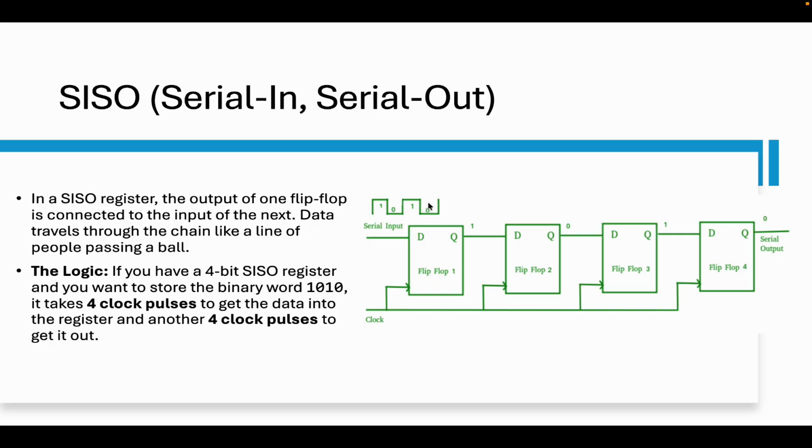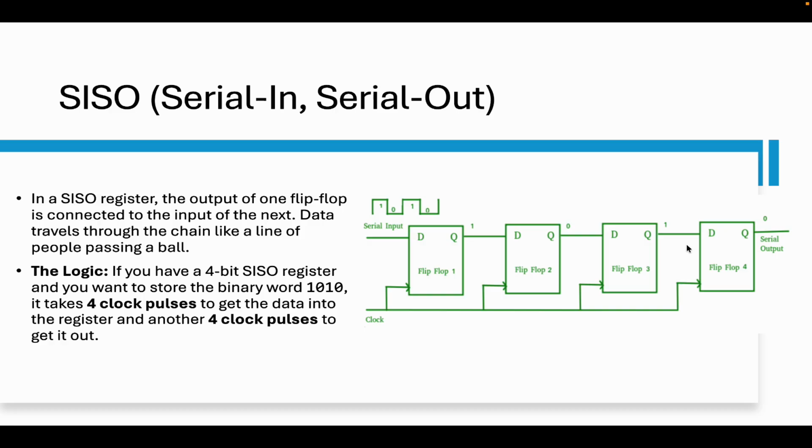What happens is first 0 will go here, here, here. By the time it finishes the fourth clock cycle, it will come to the last flip-flop. Then 1 would have gone, so it will come to the third flip-flop. So you need four clock cycles to put the data inside these four flip-flops.